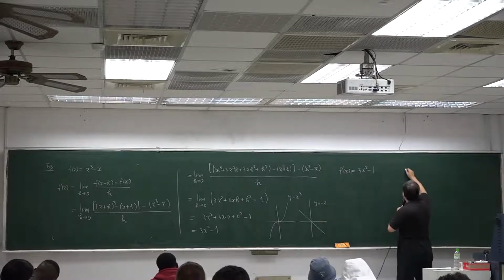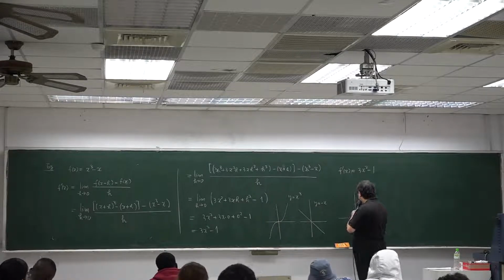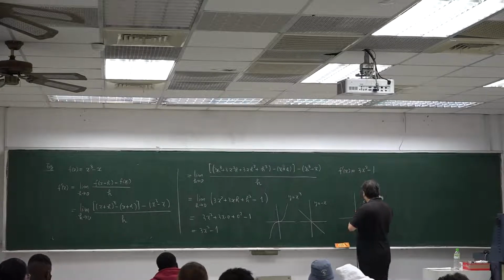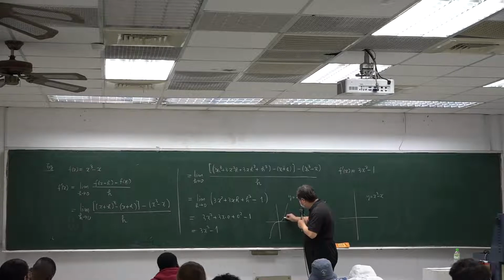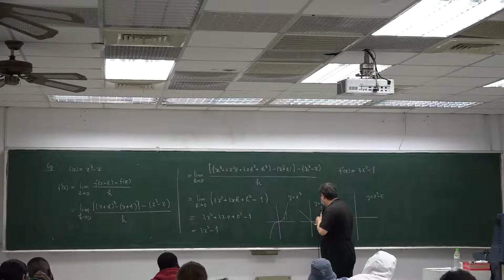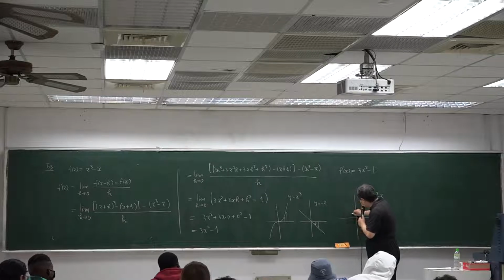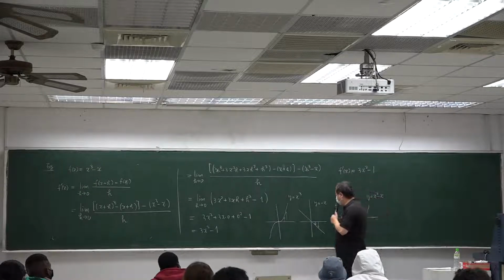So y equals x cubed minus x is obtained by superposition: at each x, the value is the sum of these two numbers.